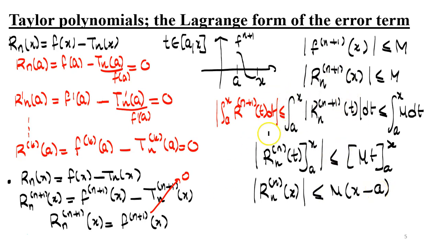Now, repeating the same process n plus 1 times until we eventually reach the remainder or the error function itself, Rn. If we do it one more time, I have that the absolute value of the derivative of order n of Rn at x is smaller than M times x minus a.